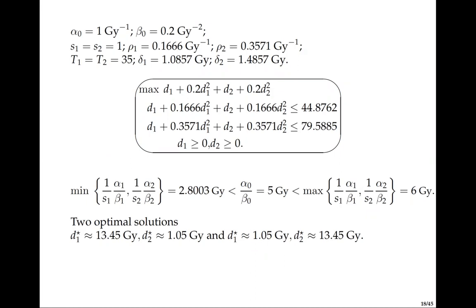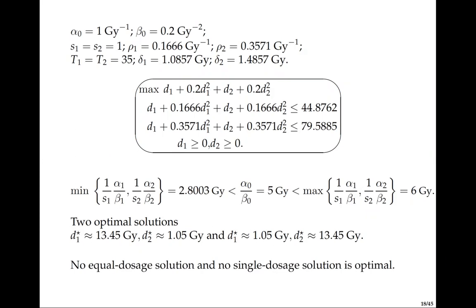In particular, this problem does not have any optimal solutions that are equal dosage or single dosage. Of course, this is not an equal dosage solution; there are two different doses in two different sessions. And clearly, there are no single dosage solutions because there are two doses being given that are positive. So this particular situation is not handled by proposition 2.